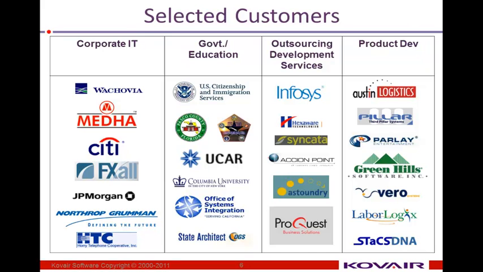These are some of Kovair's customers. As you can see, Kovair is being used by a wide range of companies, both in corporate IT as well as for smaller product development companies. It is also being used by federal, state, and local government, and also by large outsourcing companies.